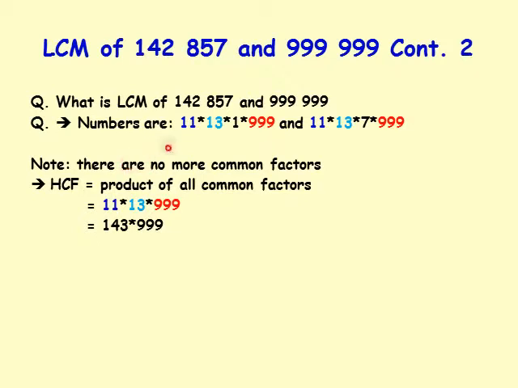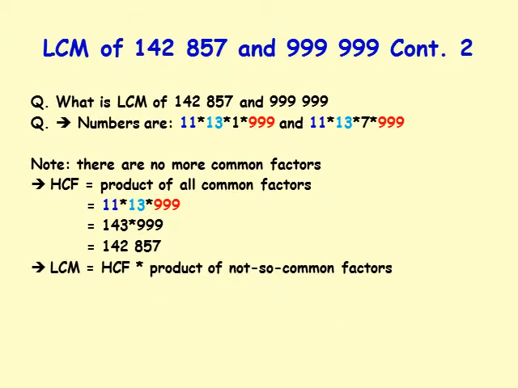We have to multiply by all the common factors and not so common factors. So the HCF is the common factor 11 times 13 times 999, which is equal to 142,857. That's my HCF here. Then LCM is HCF times the product of not so common factors. The not so common factor is this number 7, which is not in the first one.